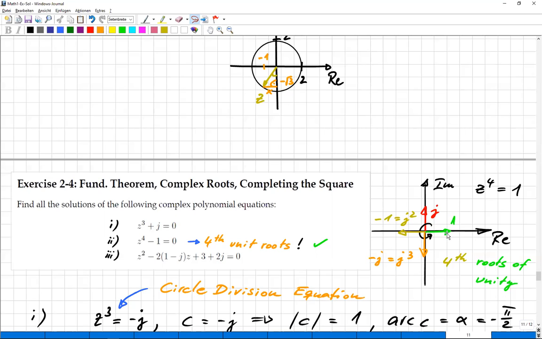But with a different perspective, we can say, what happens if we take 1 and then we potentiate it by 2, by 3, by 4, and we see nothing happens. It just stays what it is, 1. If we do the same thing with the number minus 1, we find it always jumps back and forth. Minus 1 squared is 1. Minus 1 to the power 3 is again minus 1.